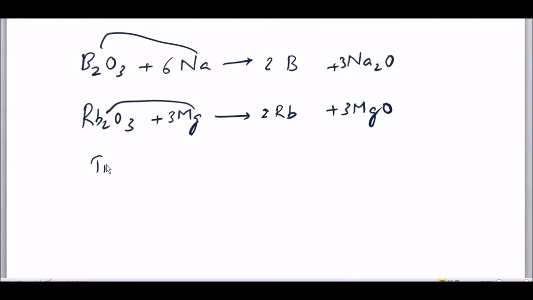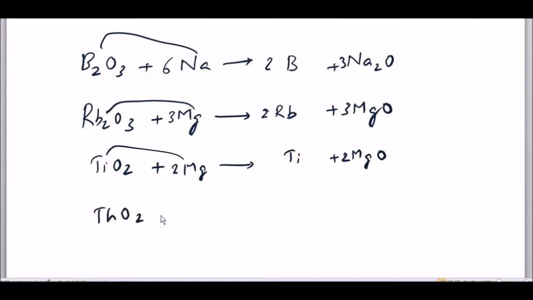And titanium oxide is also treated with magnesium. So magnesium can displace this titanium to form magnesium oxide and the titanium is separated out. There are 2 times, it gets balanced. And thorium oxide, ThO2, on treatment with calcium.